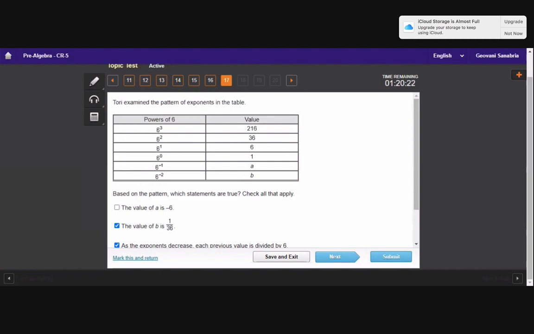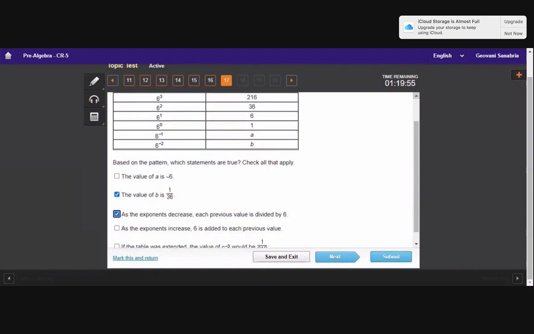If you take the 1 and divide it by 6, what do you get? You should get a decimal, right? Yeah, or you can just write it as a fraction, 1 on top, the division bar, and 6 on the bottom. 1 over 6. So that one is correct.